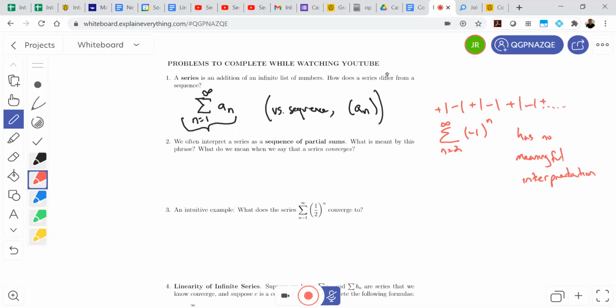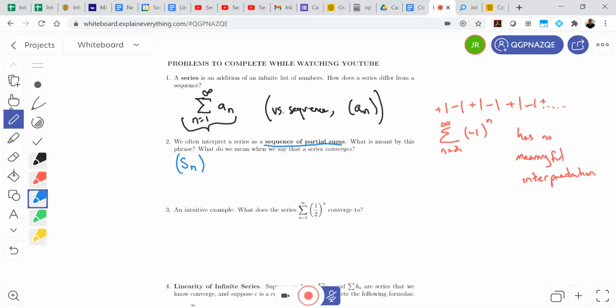So the most important thing we learned in the video was a way to interpret what it meant for this series to converge to an answer, to converge to a limit. Specifically, we looked at the sequence of partial sums. We could call this S sub n, our sequence of partial sums.